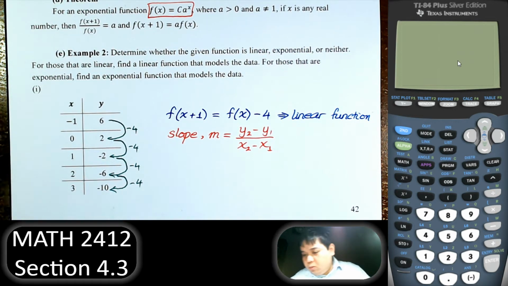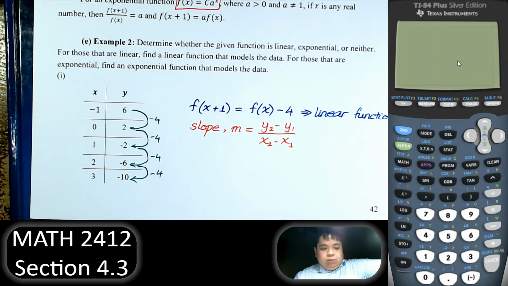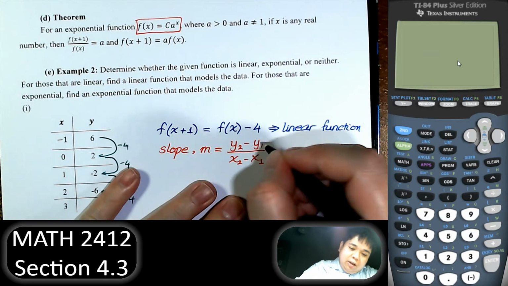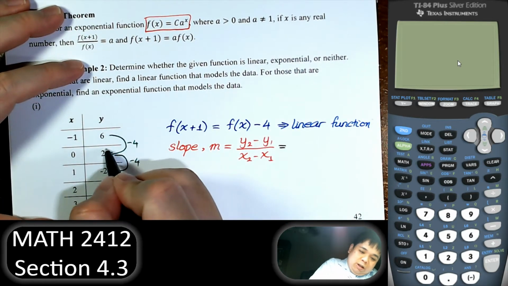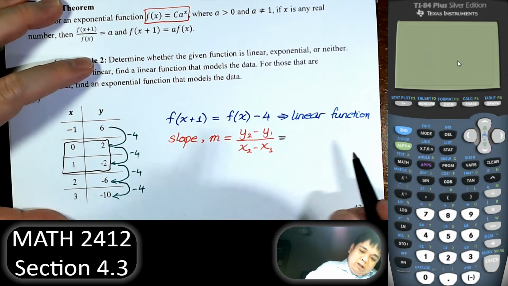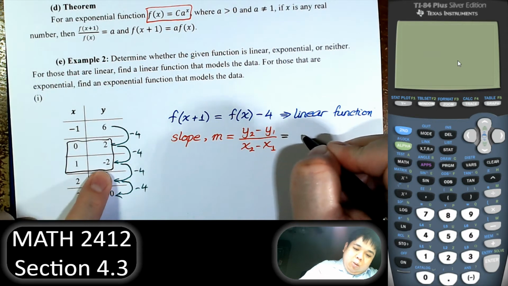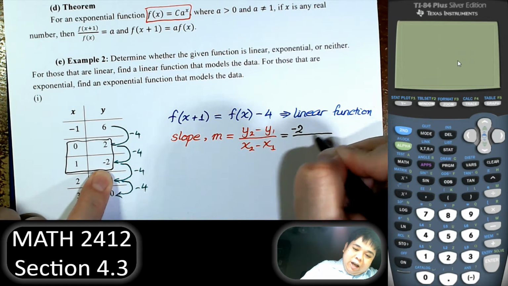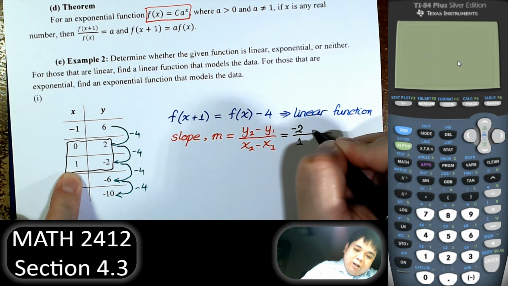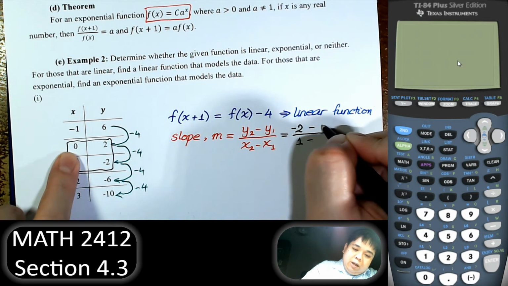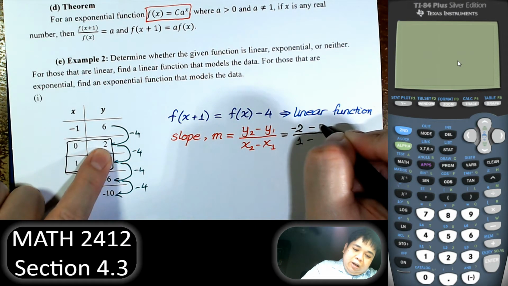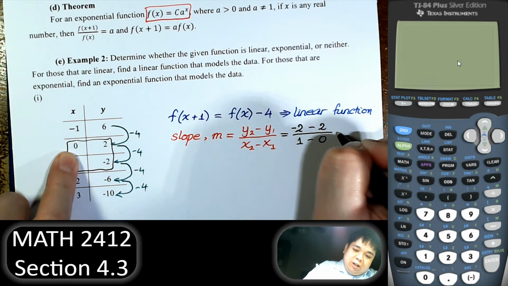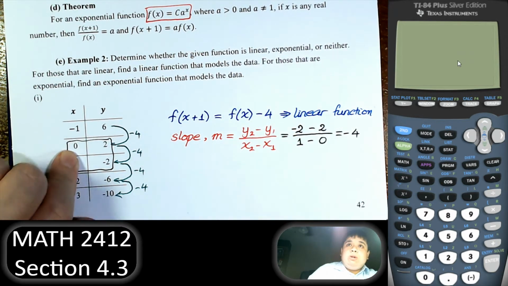Let's choose this set of points. y2 is -2, x2 is 1, y1 is 2, x1 is 0, so we have -4. So that is the slope.